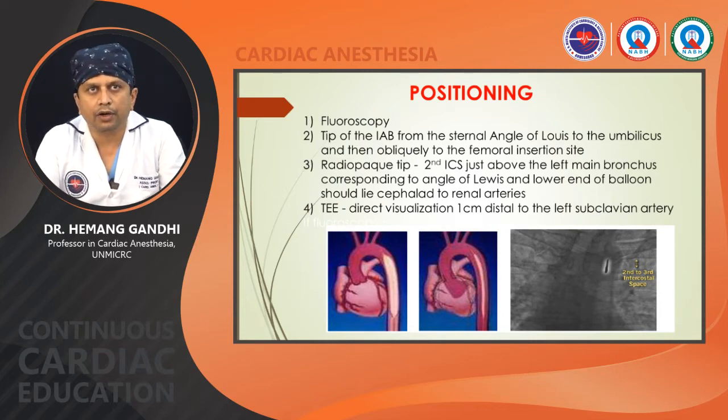This is the routine we have to follow for a patient with the IABP in the ICU, to check every day that the radio-opaque tip is in the proper position, so the balloon is properly placed and working properly.